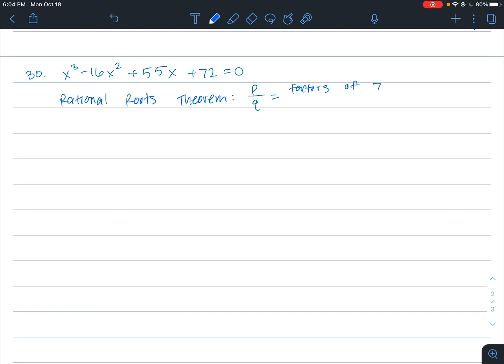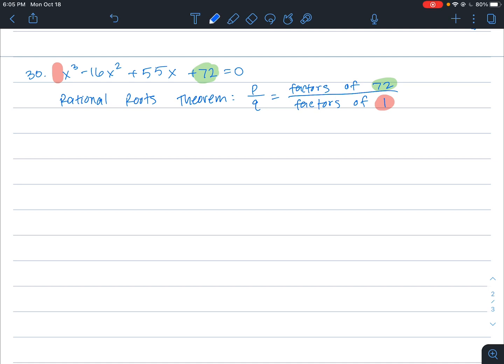In this case, it'd be 72, divided by Q, which is the factors of the leading coefficient. In this case, it would be 1. So 72 I get from here. The numerator is the factors of the constant coefficient, and 1 is the leading coefficient.